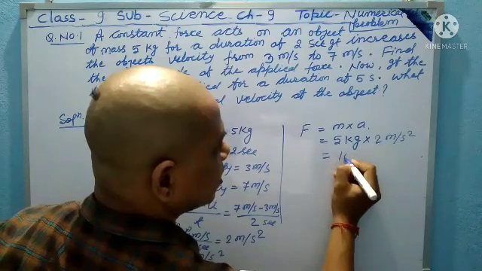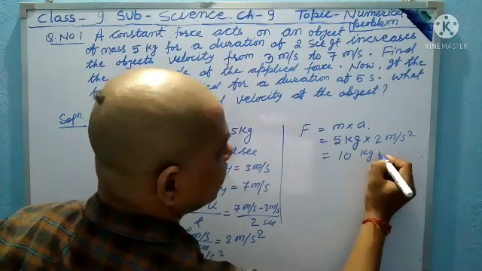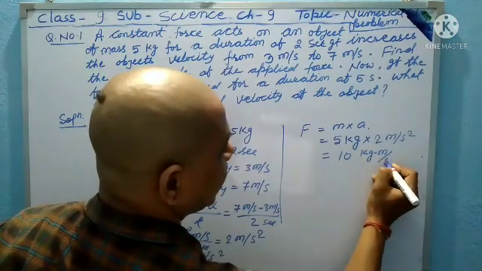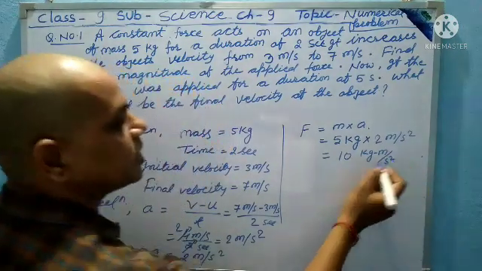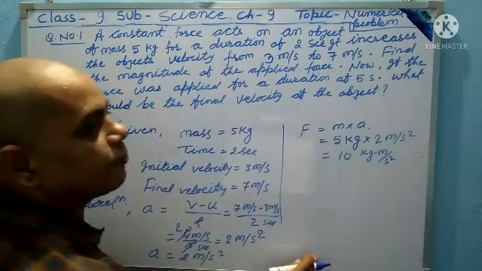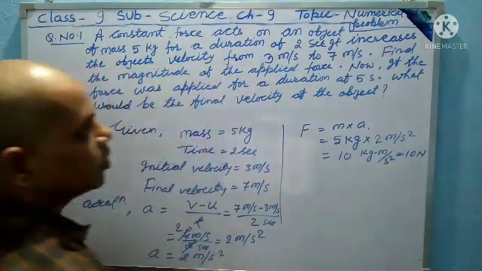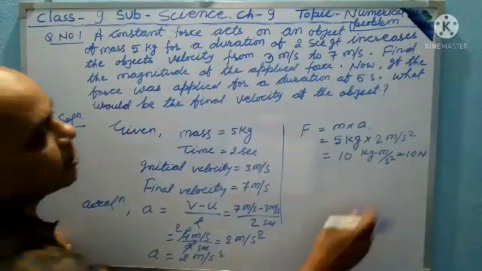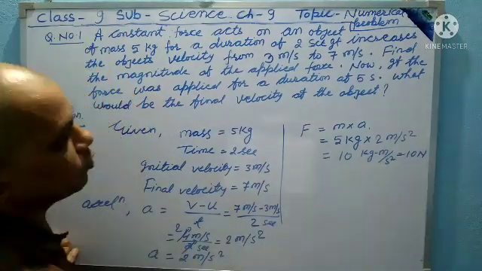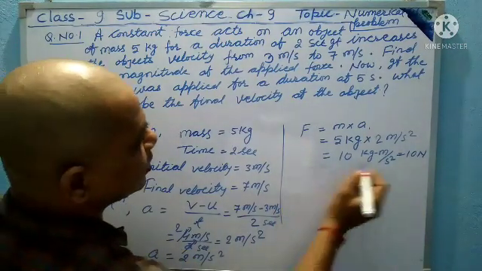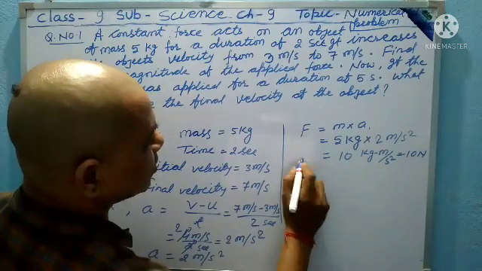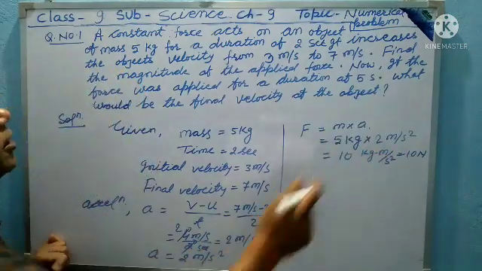That is 10 kg meter per second square, and kg meter per second square is the unit of Newton. So, that is 10 Newton. So, the force magnitude is 10 Newton. So, first answer is 10 Newton.